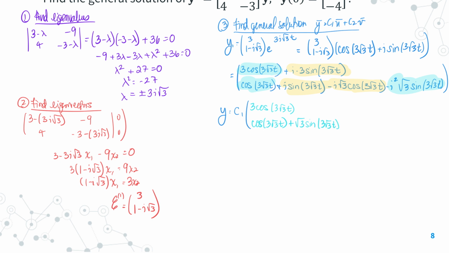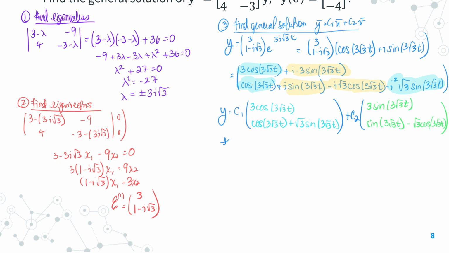And that is y1 plus c2 times our complex part, which would give us 3 sine of 3 root 3t in the first row. Second row is going to give us sine of 3 root 3t minus root 3 cosine of 3 root 3t. So it looks a little bit different than what we're used to because it doesn't have an e, but that's okay. And now we need to apply our initial condition.